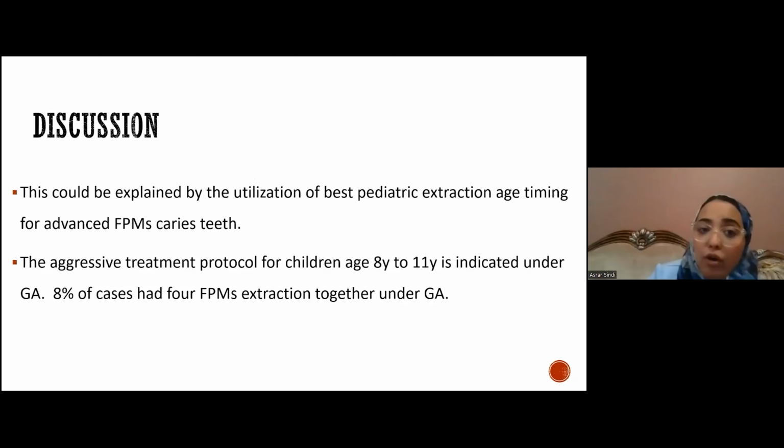As I told you before, this is the right time for extraction for this age. The aggressive treatment protocol for children from age 8 to 11 years is indicated under general anesthesia. We also found that only 8% of the cases had all 4 first permanent molars extracted together at the same time under general anesthesia.